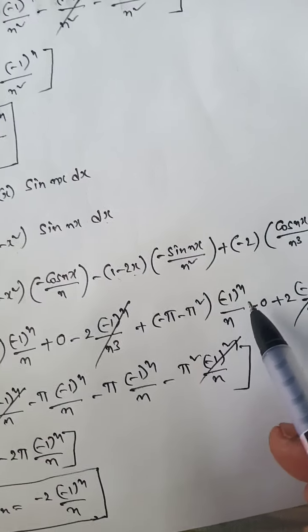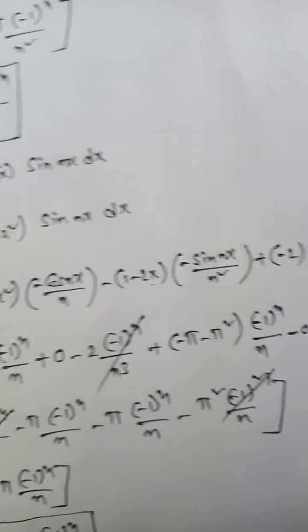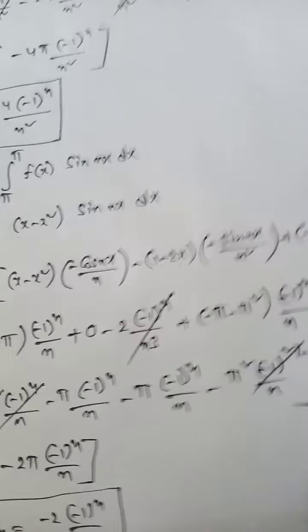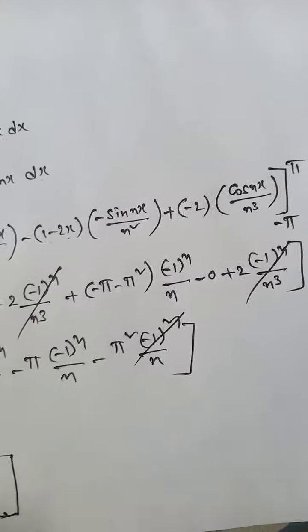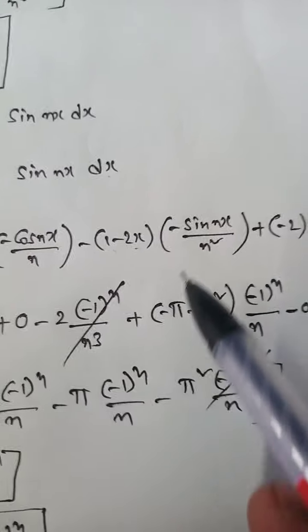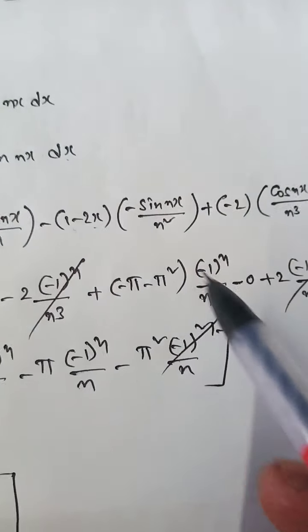Here minus into minus plus, and we have another minus related to the lower limit, so minus into minus plus, plus into minus minus.